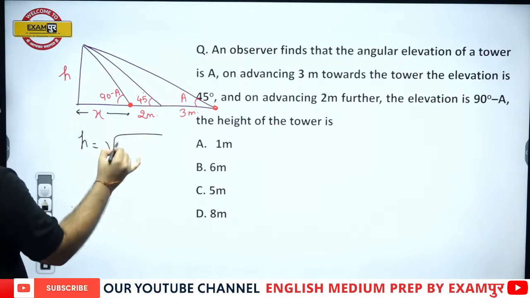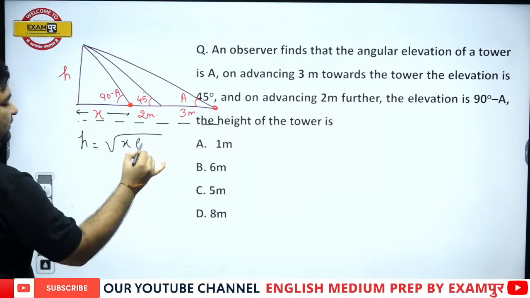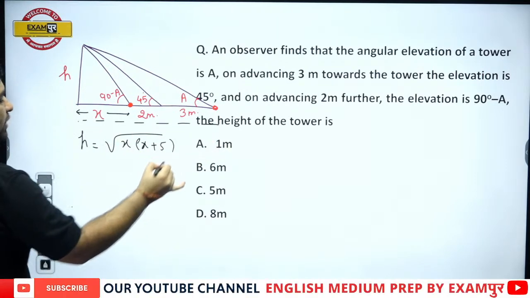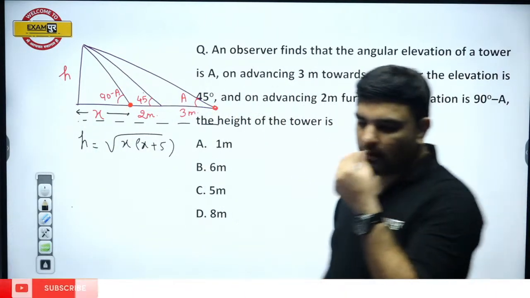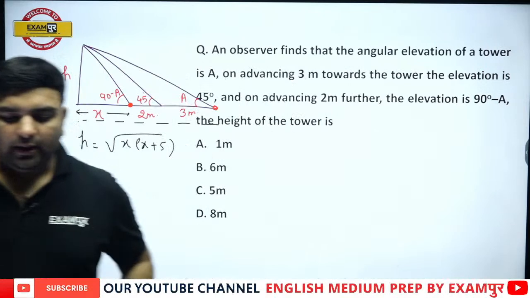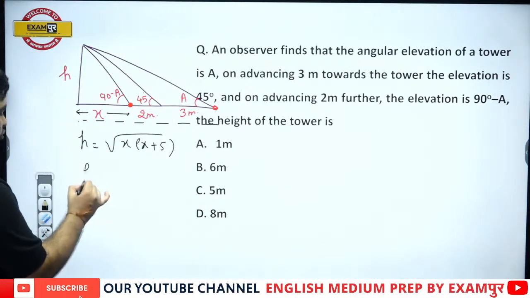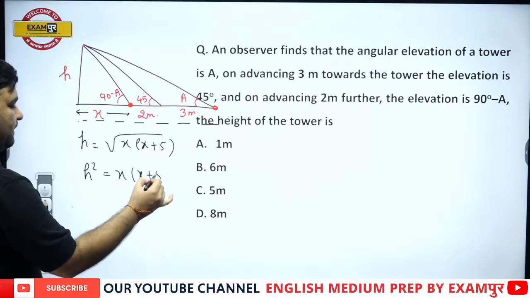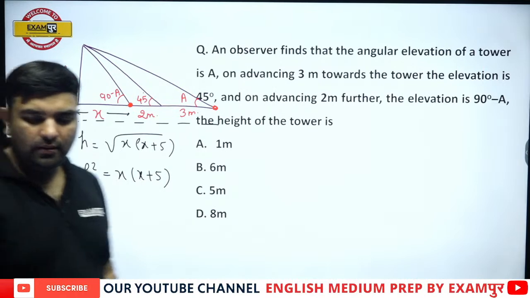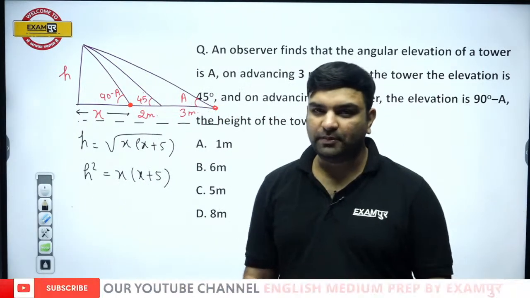So one is at a distance of x and another is at a distance of x plus 5. Height is equal to under root of x into x plus 5. Once you square it, h square is x into x plus 5.